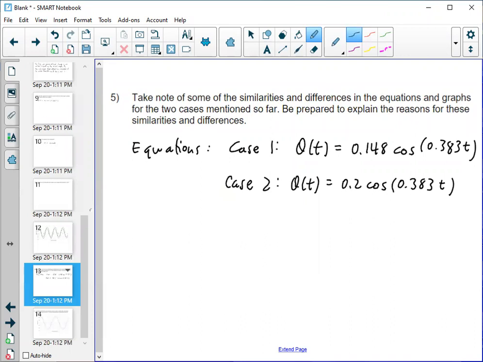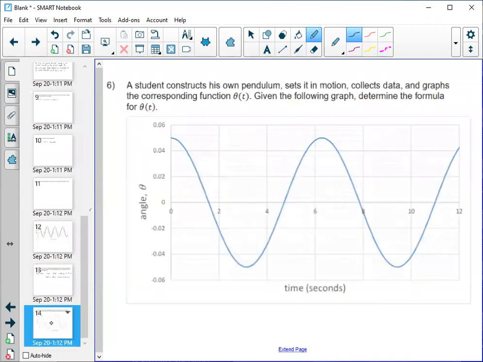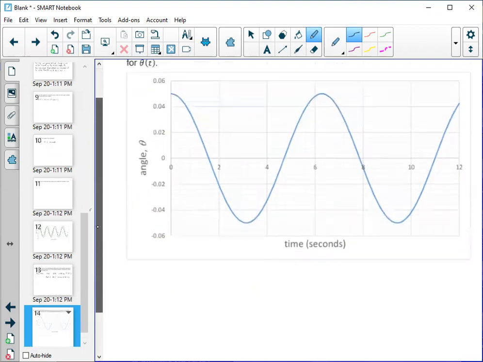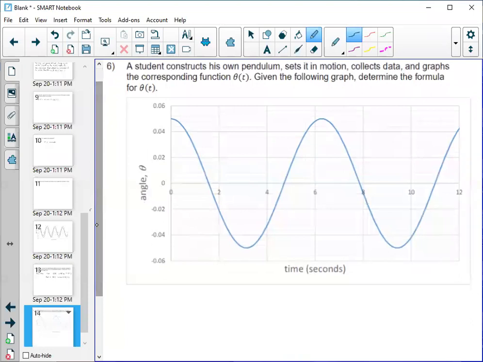So let's go to part 6, number 6. It says a student constructs his own pendulum, sets it in motion, collects data, and graphs the corresponding function theta of t. Given the following graph, determine the formula for theta of t. So let me just extend the page a little bit and then move it up like this.